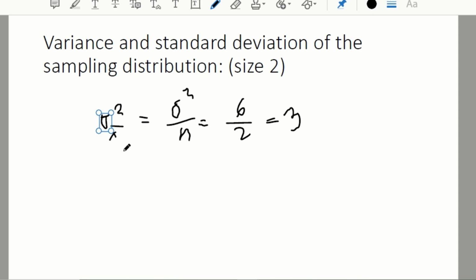So the variance of the sampling distribution is 3. And last, the standard deviation is just the square root of the variance. So what is the square root of 3? 1.73.